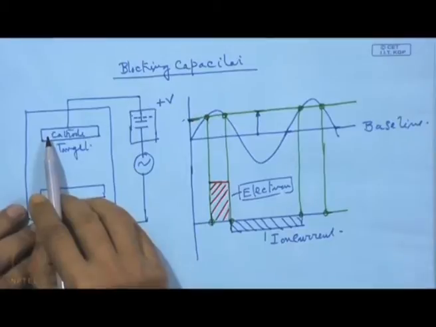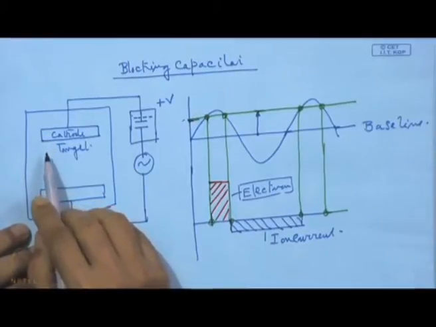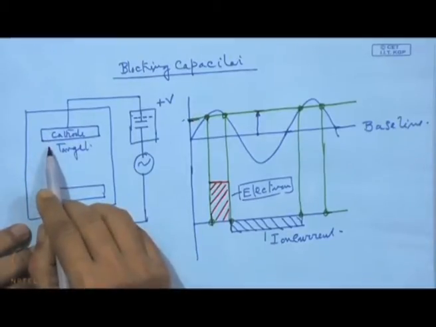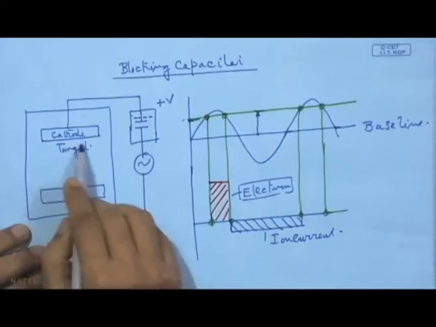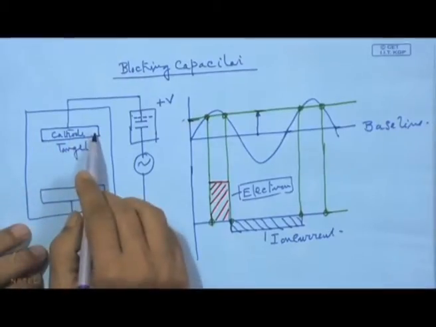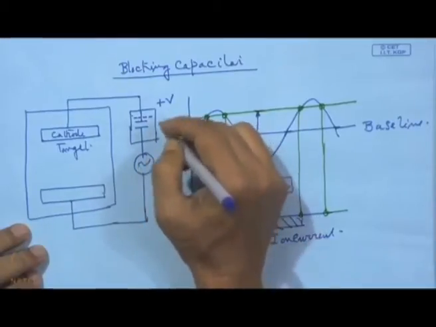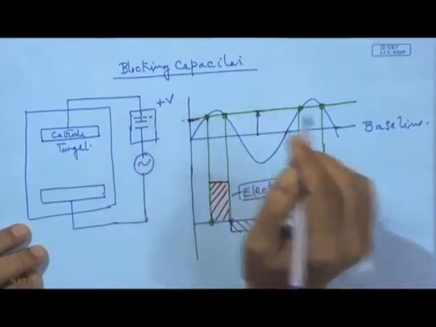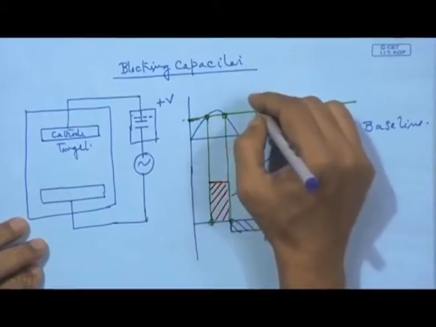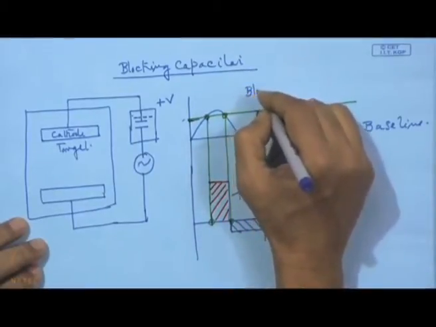That will now assist in getting these ions towards this surface, and it can do the necessary sputtering from this target. This is possible just by use of this blocking capacitor. So here we call it a blocking electrode.